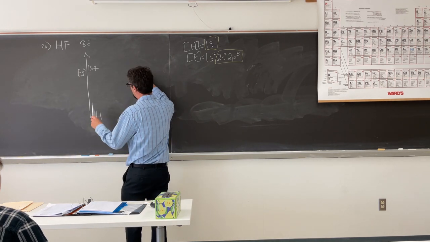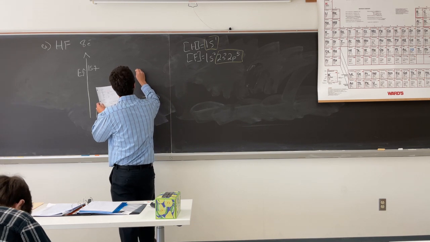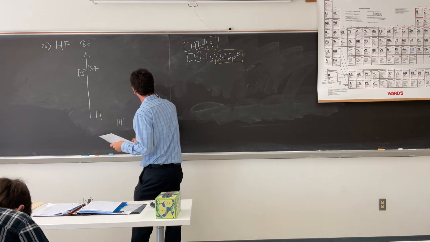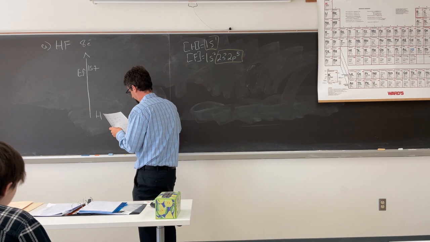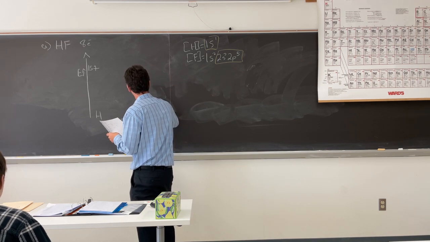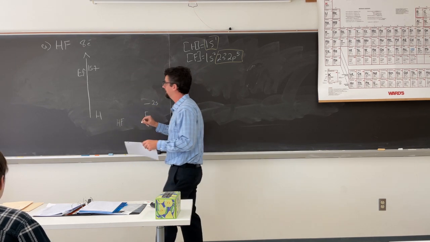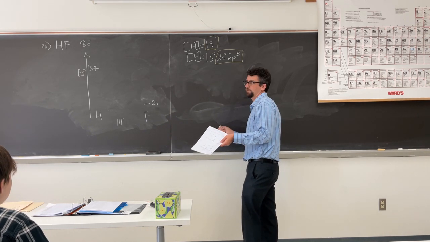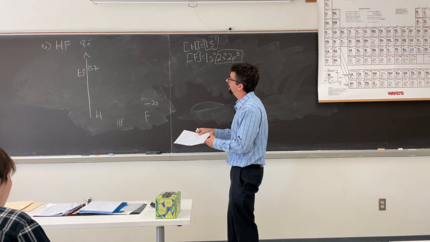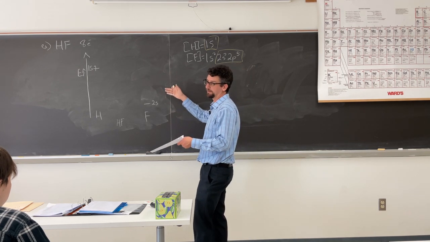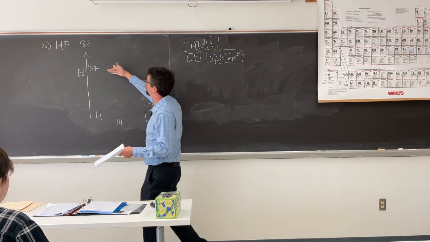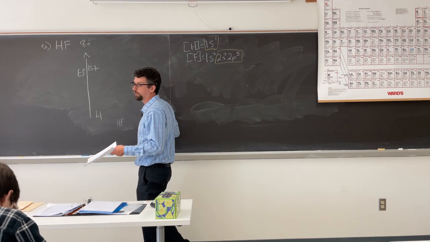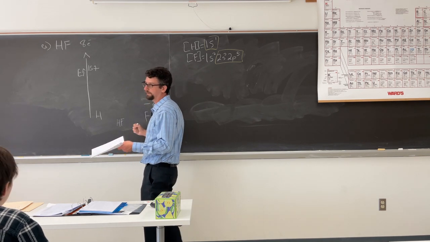Fluorine, here's our 2s. Actually, I want it lower. We've experimentally determined it, through forms of spectroscopy. The other thing is we can calculate it too, and it really has to do with this having so many more protons, it's getting pulled in.